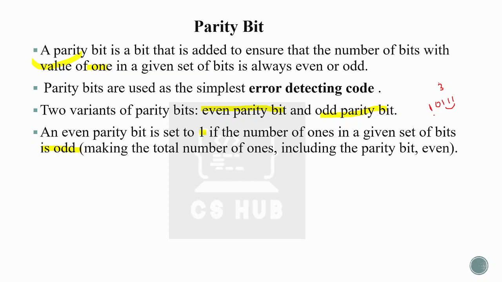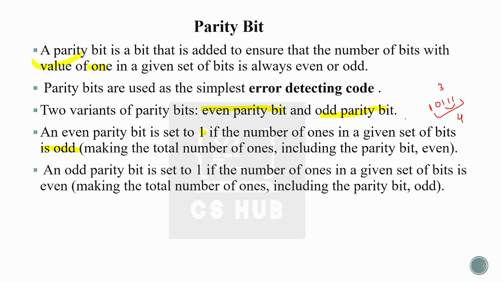So the total number of ones, including the data bits and the parity bit, is 4, an even number. So the concept is, for even parity, the total number of ones including the parity bit should be an even number. In odd parity, the total number of ones including the parity bit should be an odd number.